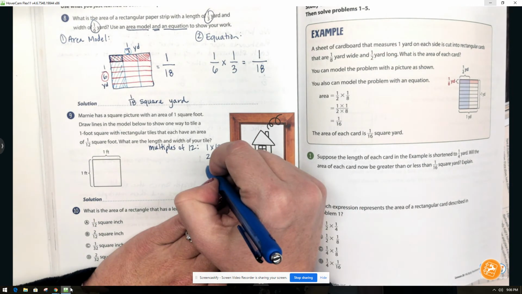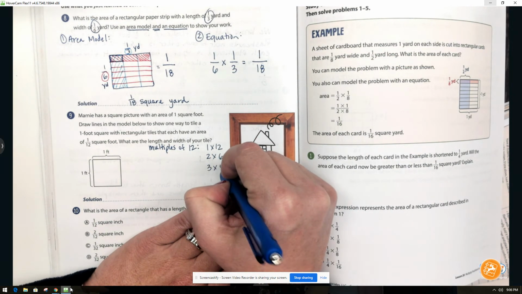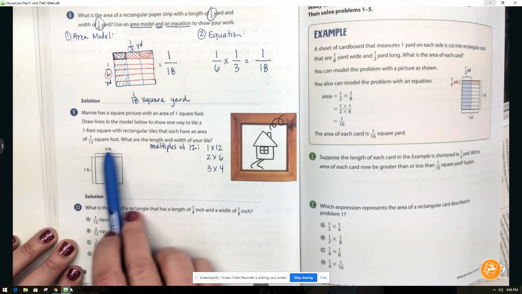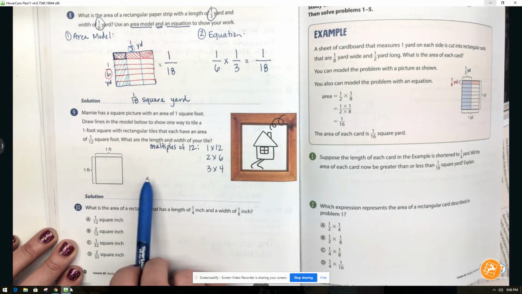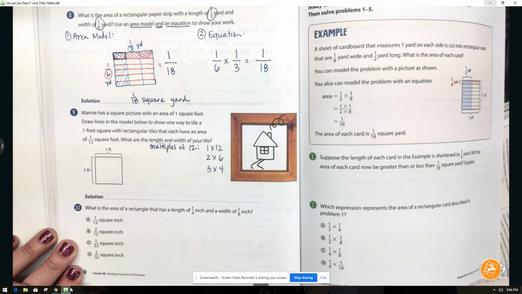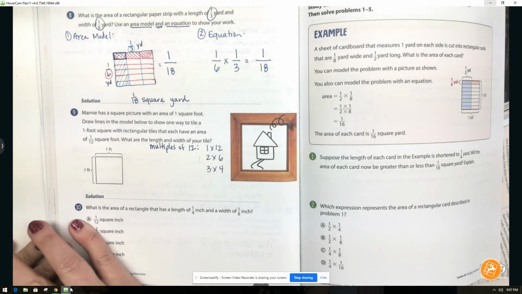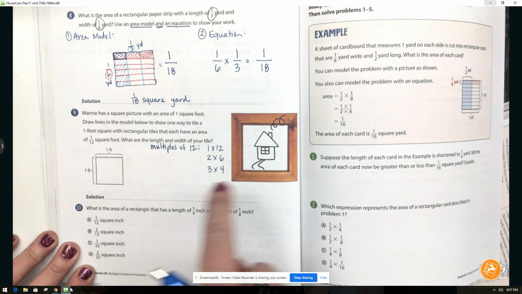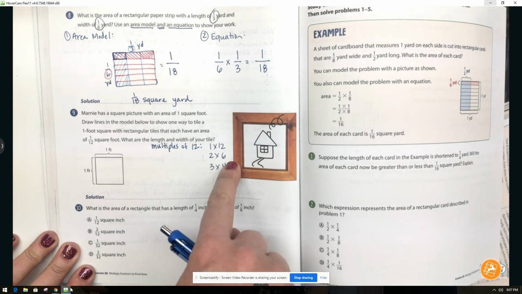And then a final way would be 3 times 4 equals 12. So we could draw this square 3 different ways to make it so that one section has an area of 1/12. So I'm going to close my eyes and point, and that was not good.